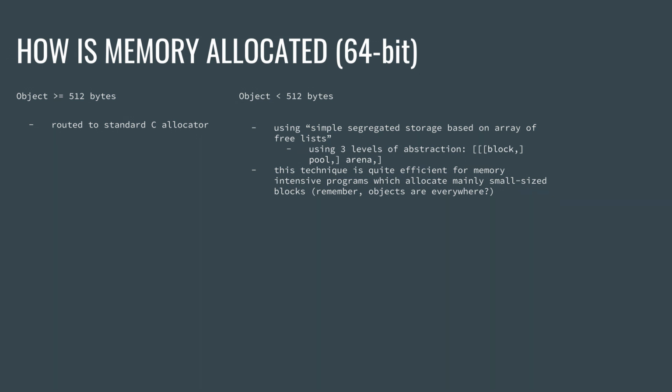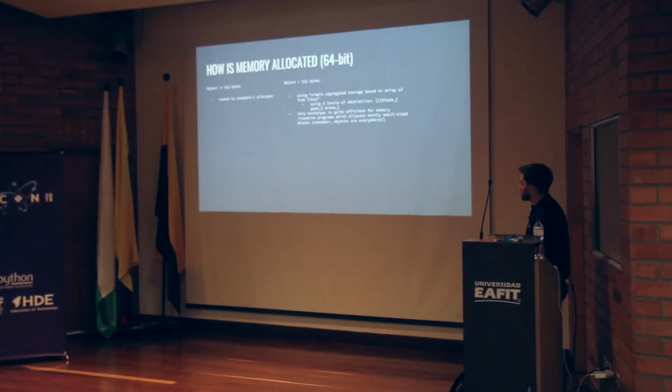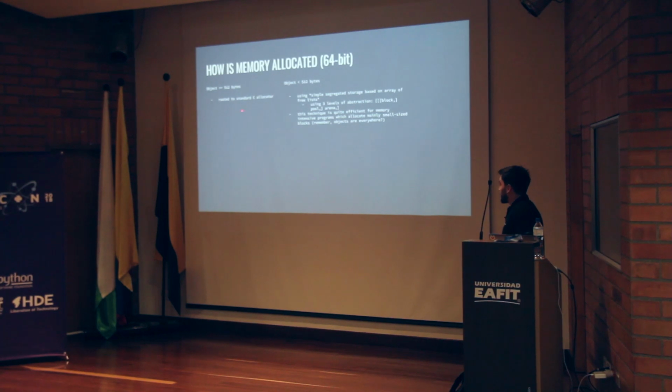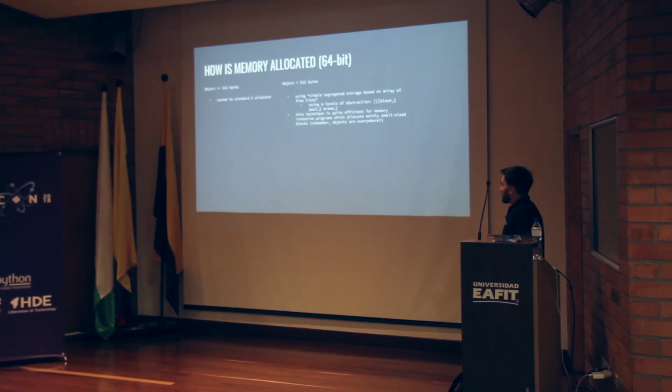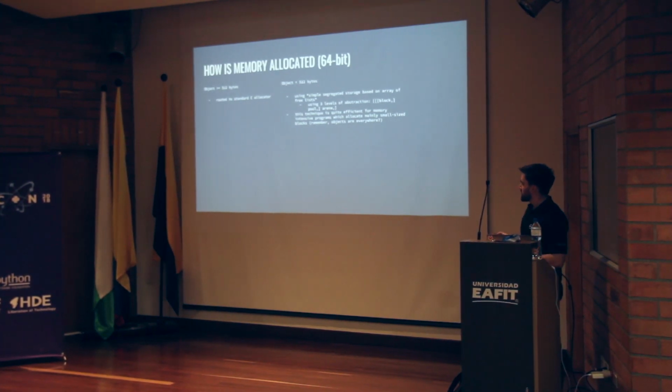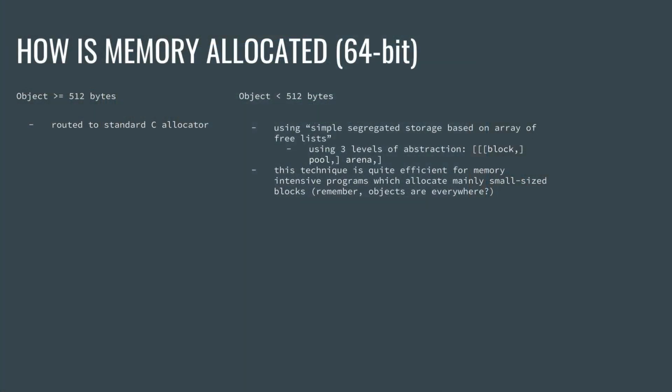So how is memory being allocated? There are basically two options, and that depends on the size of the object: whether the object is bigger than 512 bytes or smaller than 512 bytes, and this relates to a 64-bit system.